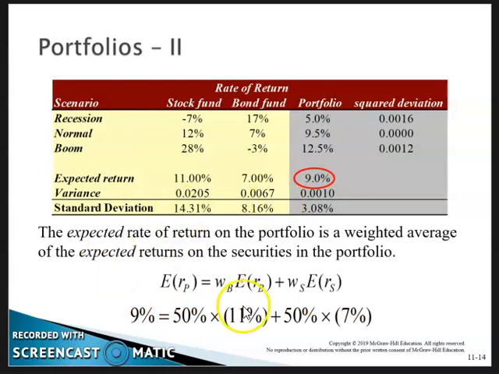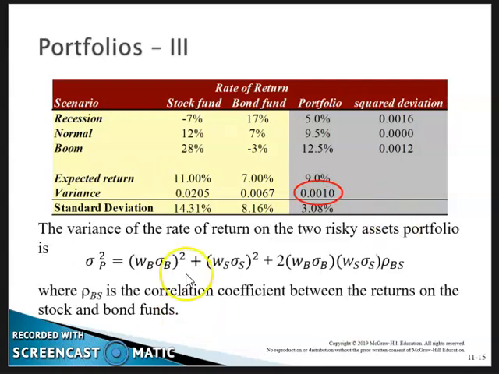So as I mentioned, the expected return of 9% comes from 0.5 times 11% plus 0.5 times the 7% expected return for bonds. The portfolio variance formula is a little uglier than we've seen, but if you have a graphics calculator or you're using Excel, it's actually not too terrible.